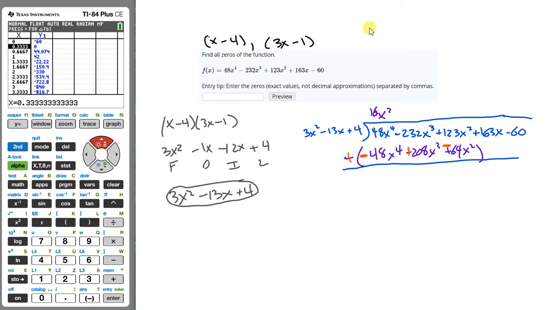So 48x to the 4th minus 48x to the 4th is gone. Negative 232 on those x cubed plus 208 is going to be what? So 32 take away, the 200s kind of wipe out. 32 take away 8 is 24. So it's going to be negative 24x cubed. And then 123 take away 64 would be what?